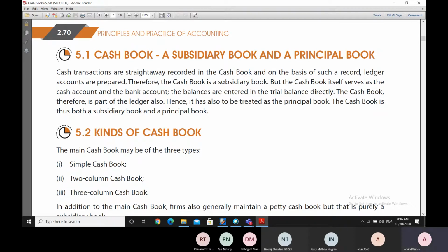We write that transaction into the cash book. And apart from the cash transactions or the other transactions which we are writing in those subsidiary books, there may be other transactions also which are written straight away into the journal, which is called the ordinary journal or journal. Thereafter, all the entries which are made either in the subsidiary books or including the journal and the entries which are made in the cash book, they all are posted into the ledger.